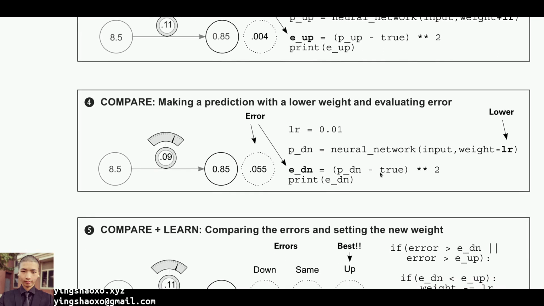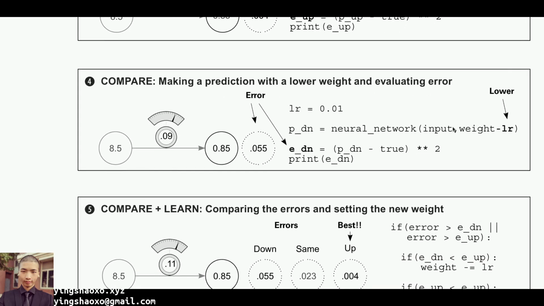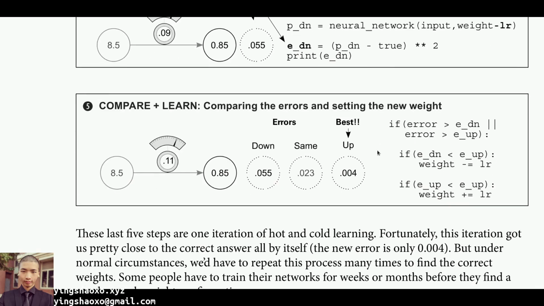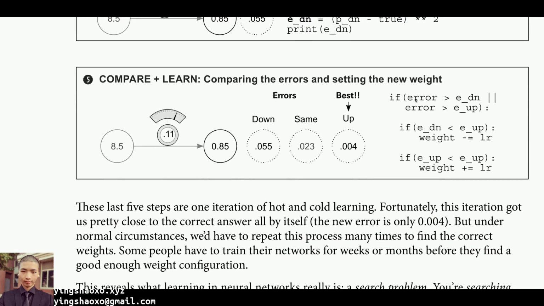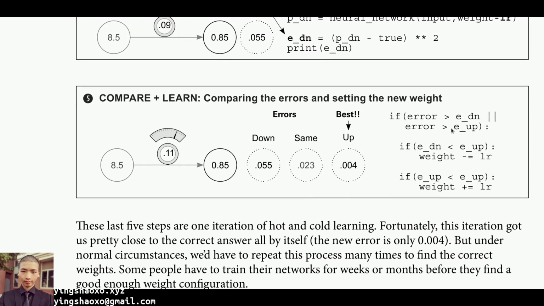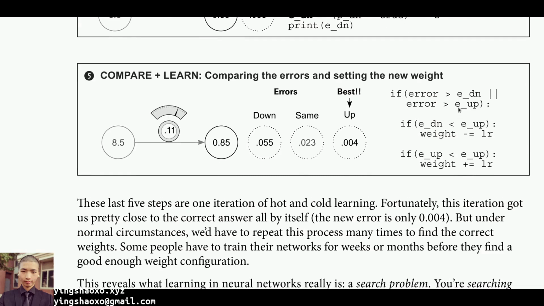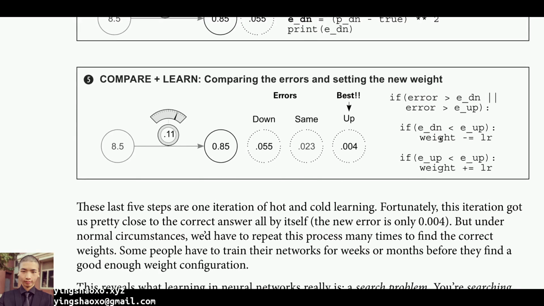Also, we can make a prediction with a lower weight and evaluate the error. In this way, we get another error. This time we have to compare the errors and set the new weight. If the error up is greater than the error down, that means we have to let the weight go down.